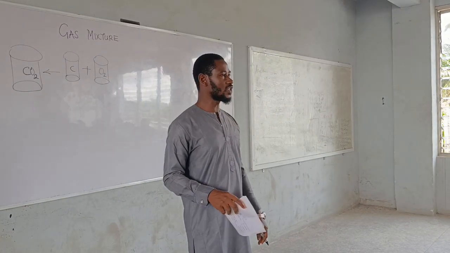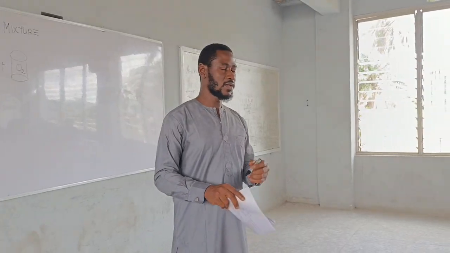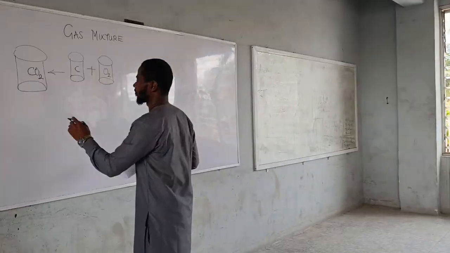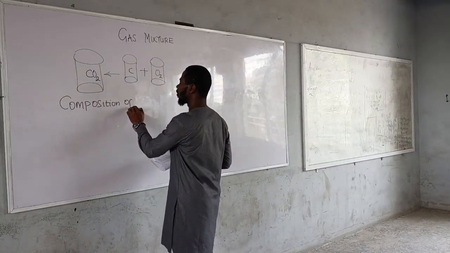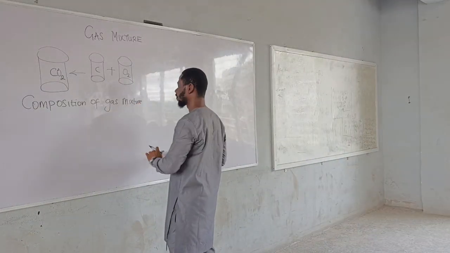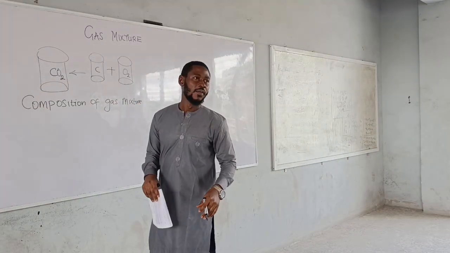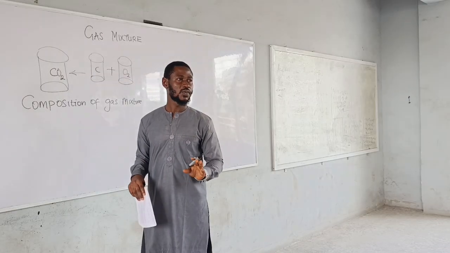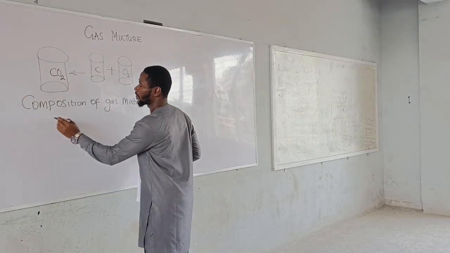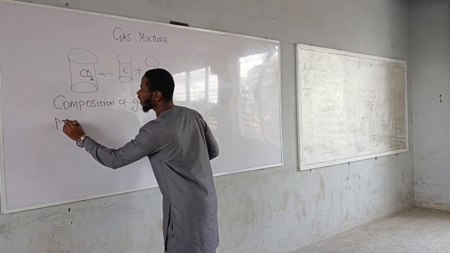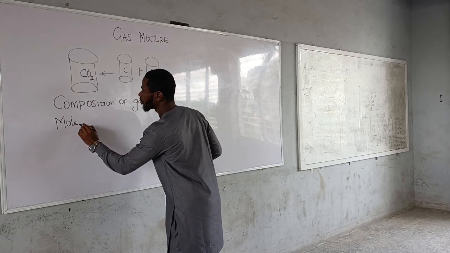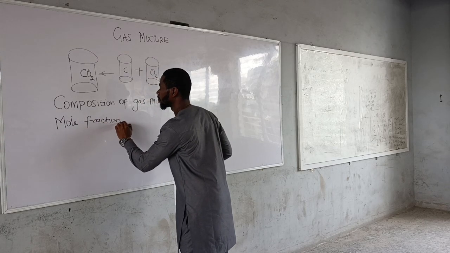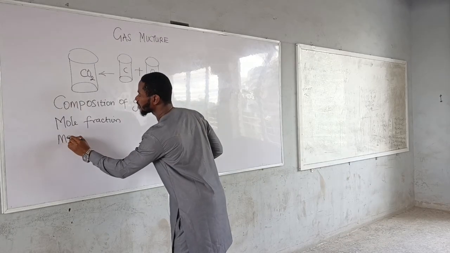Now, the next thing we are going to look at is the composition of gas mixture. We have two compositions of gas mixture: the mole fraction and the mass fraction.